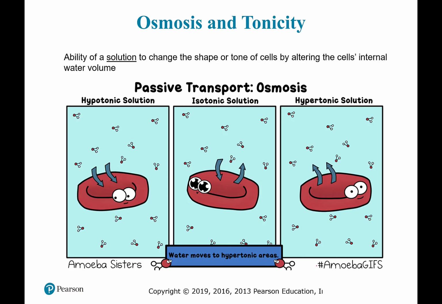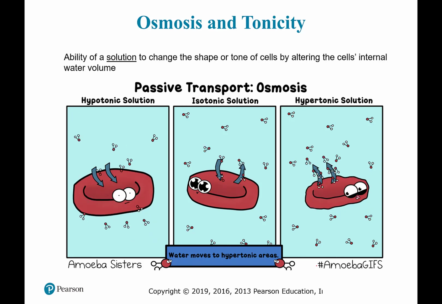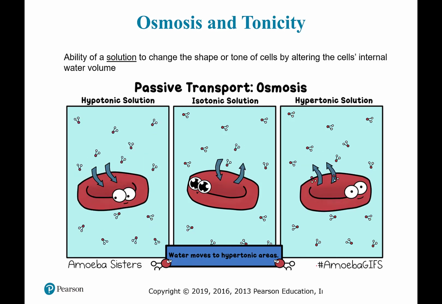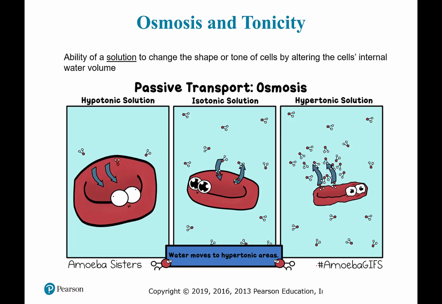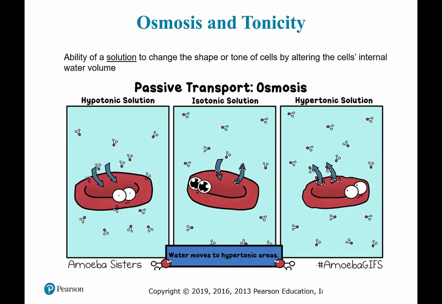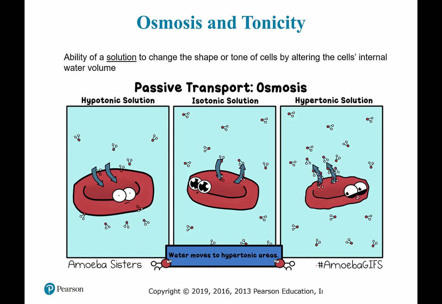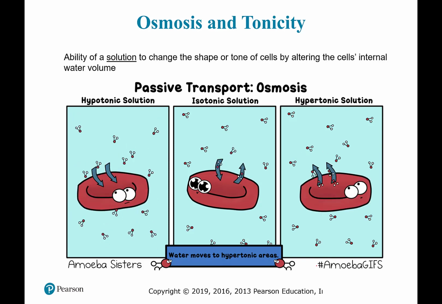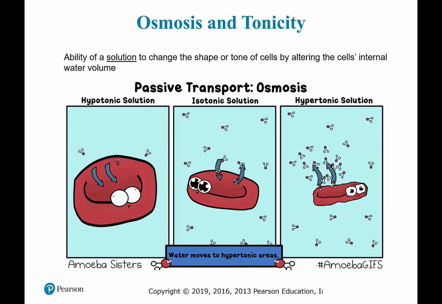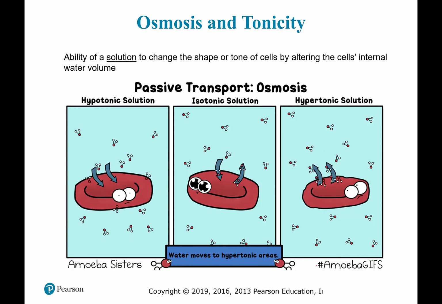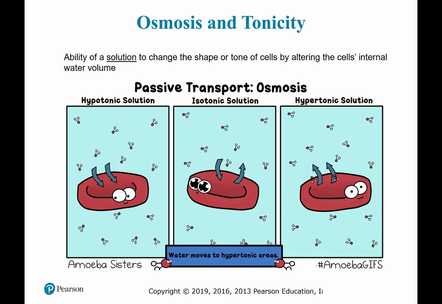Hypo means below, right? So water from the outside would want to move to the inside of the cell. Eventually, this would fill the cell with too much water and it would burst and die.